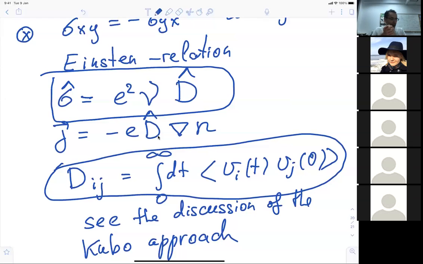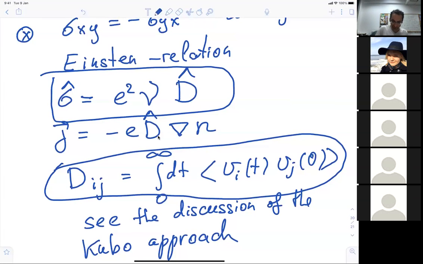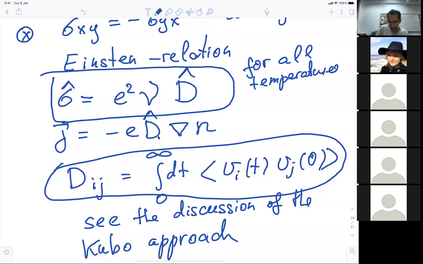And this relation holds for all temperatures, magnetic fields, and interaction, way beyond the validity of the semiclassical kinetic theory I'm explaining, and only provided there is such a thing as a linear response to electric field and such a thing as normal diffusion.